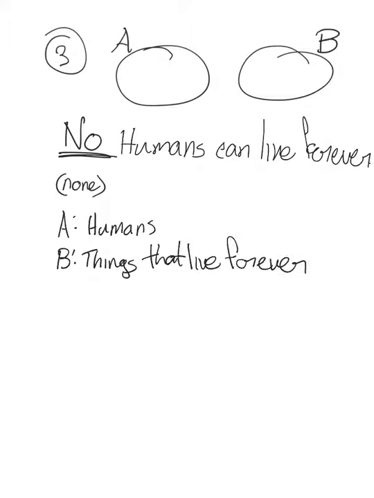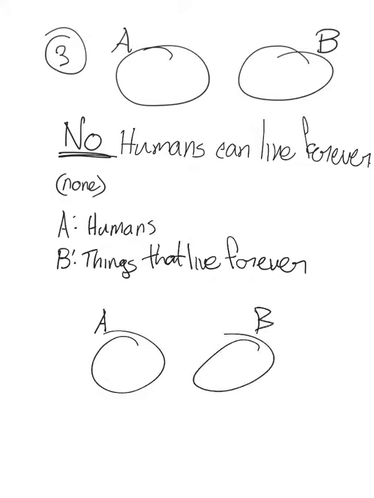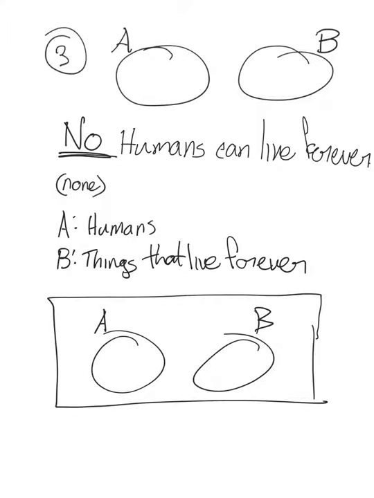So now if we look at the diagram we have above, A is humans and B are things that live forever. And clearly humans do not live forever, so there is no dot that is placed. That is all you need to draw for your diagram. And you are done.